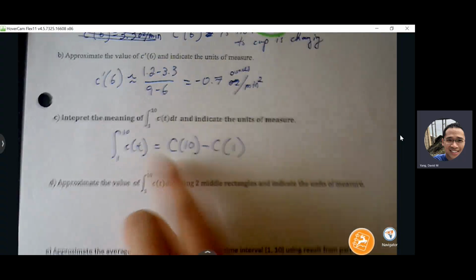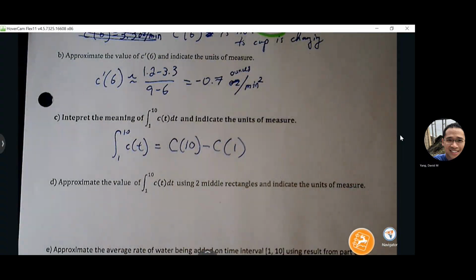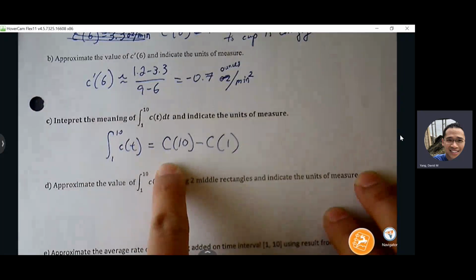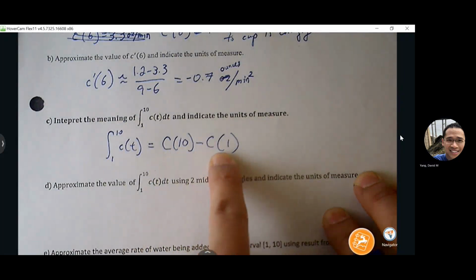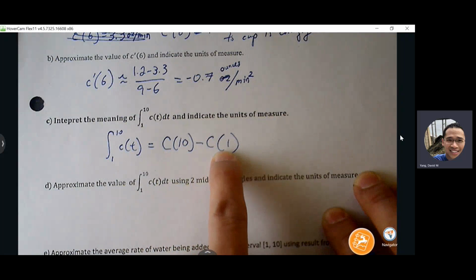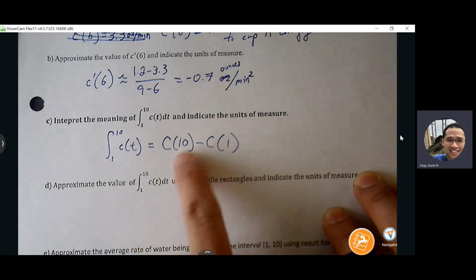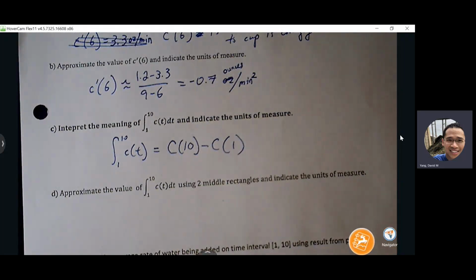C of 10 would be how many ounces of coffee are in the cup at 10 minutes. This is telling us how much coffee is in the cup at 1 minute. And between 1 and 10 is the change in the amount of coffee in the cup between 1 and 10 minutes.